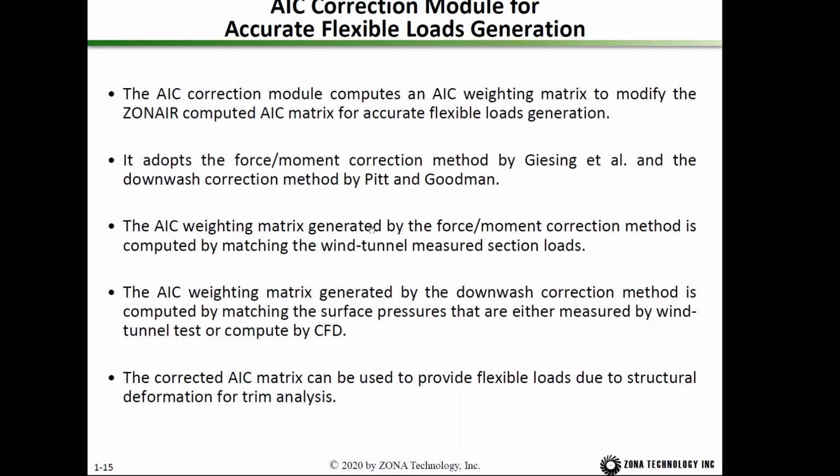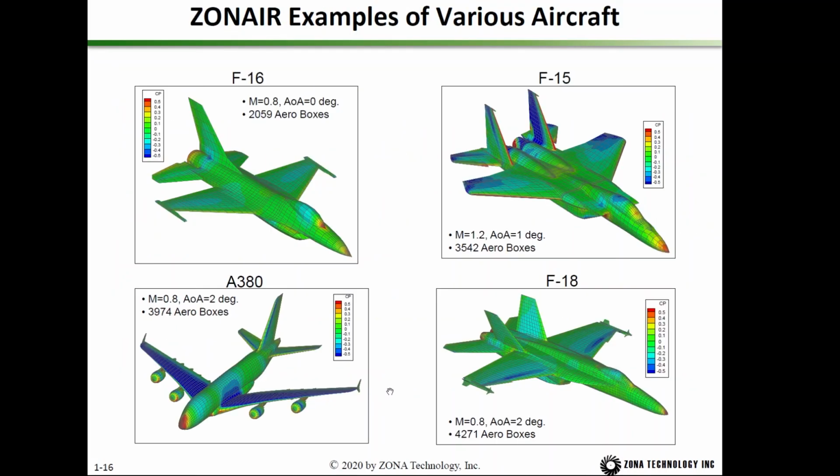The AIC weighting matrix generated by the force and moment correction method is computed by matching the wind tunnel measured section loads, and the downwash correction method is computed by matching the surface pressure that is either measured by the wind tunnel test or computed by CFD. The corrected AIC matrix can be used to provide flexible loads due to structural deformation for trim analysis.